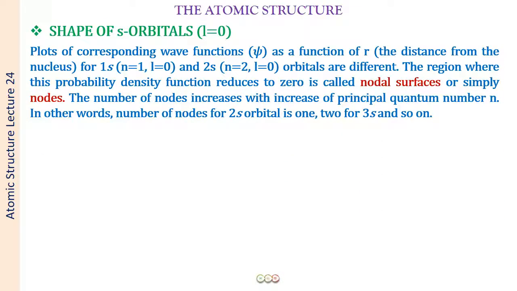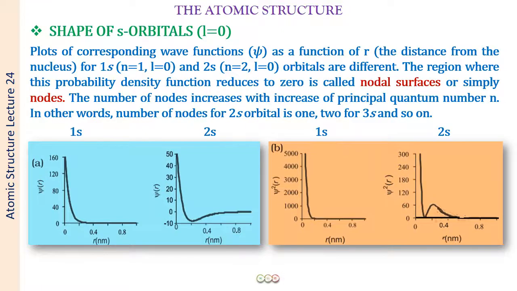When we plot a graph of the wave function psi as a function of r, that is the distance of the electron from the nucleus, for the 1s orbital and the 2s orbital, that is 1s is n equal to 1, l is 0, and 2s is n equal to 2, l is equal to 0, we will see that the plots are going to be different. So these are the graphs of these plots you can see, and now let us discuss them.